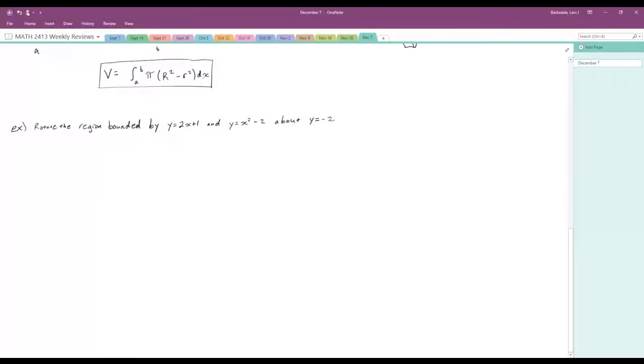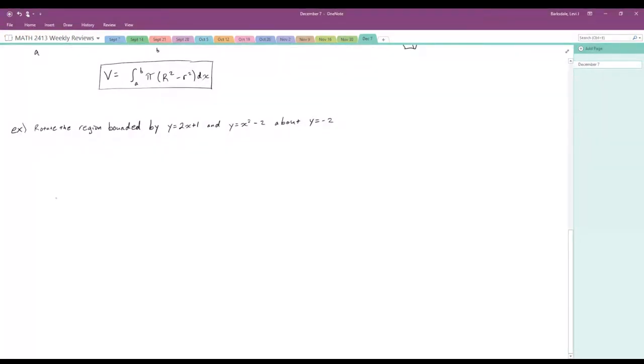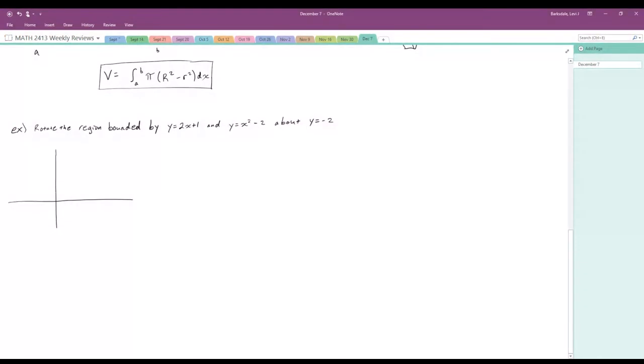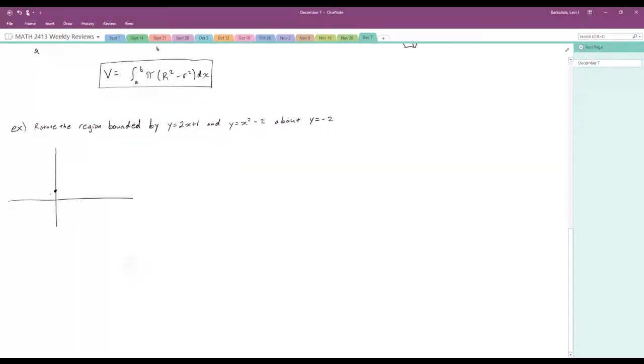Well, first off, I'm going to try and sketch a picture. I know that the line y equals 2x plus 1 looks something like this. It's got a y-intercept of 1 and a slope of 2. So I'll go ahead and sketch that in.